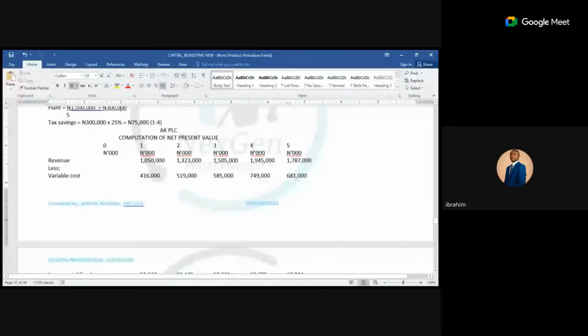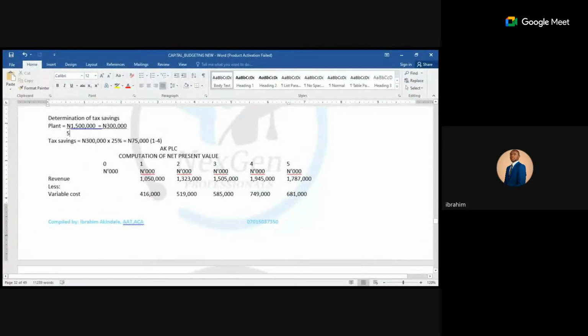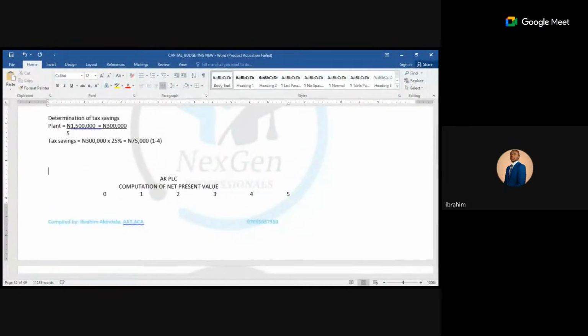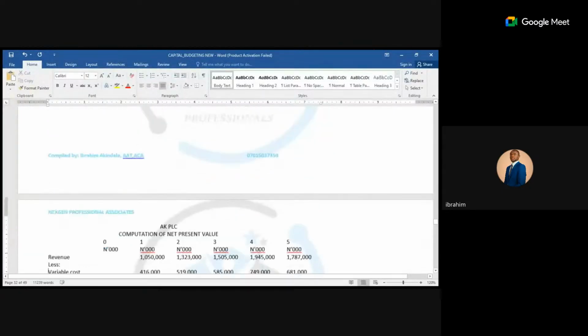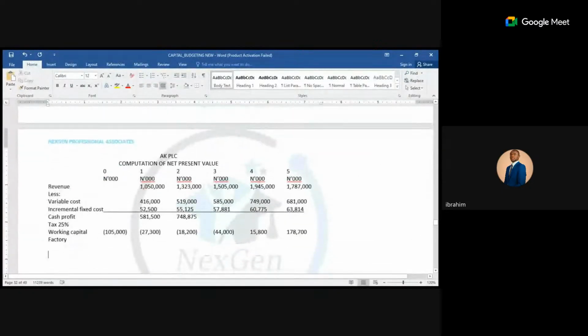So please complete it and calculate the modified internal rate of return, right? I think this is just 18%.